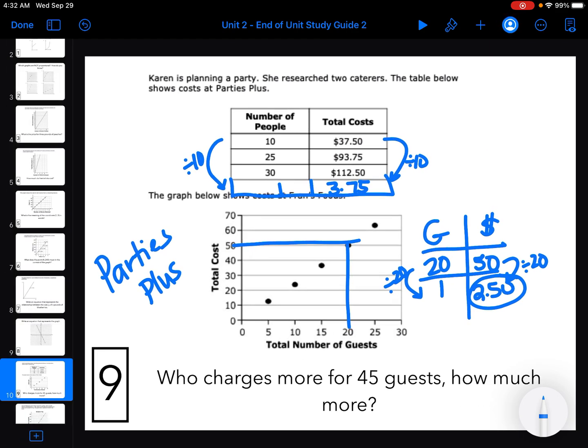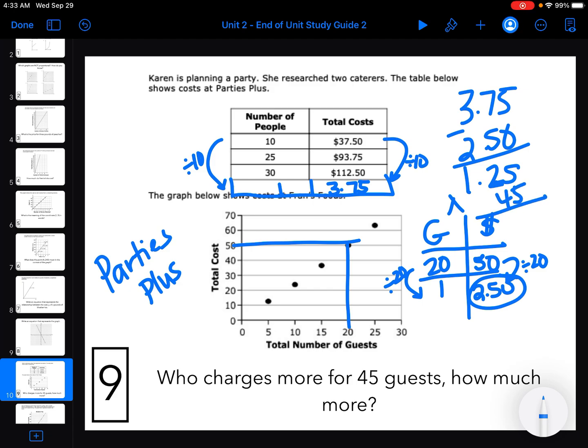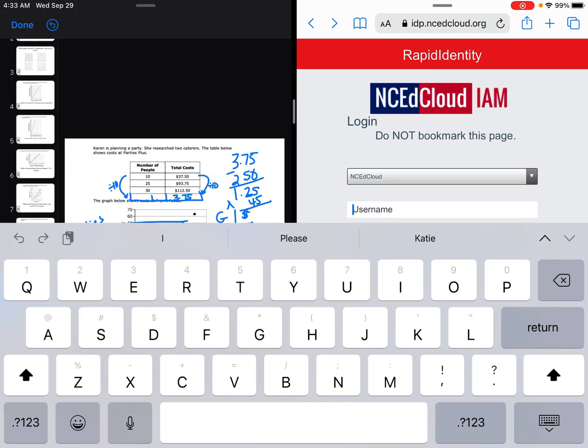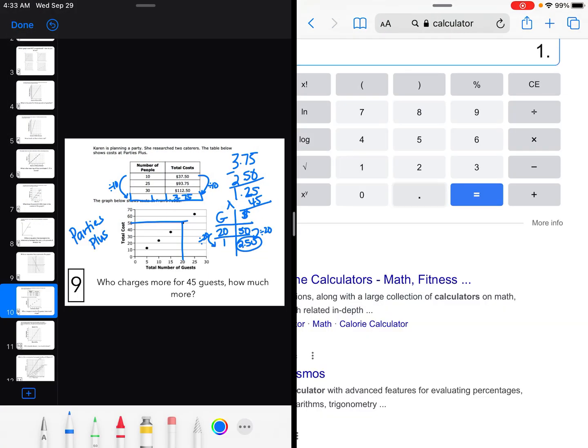How much more? Well, I know 3.75 minus 2.50 is going to be 1.25 times 45 guests. That's $56.25.